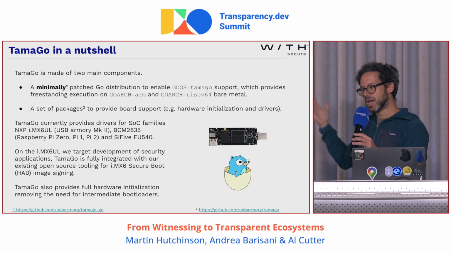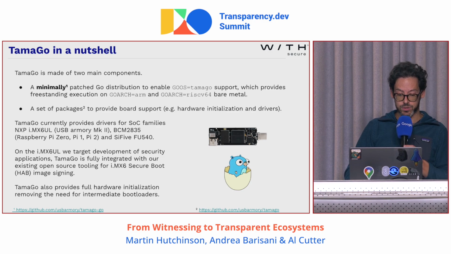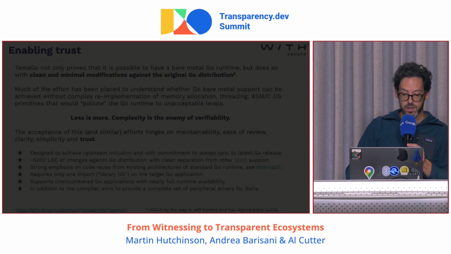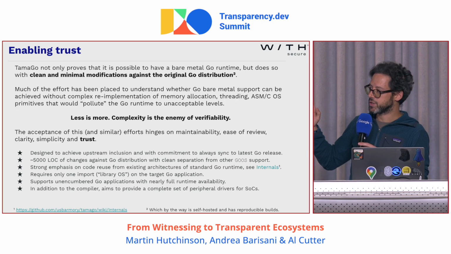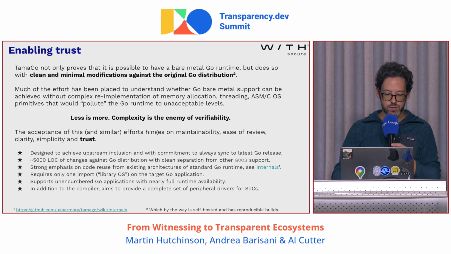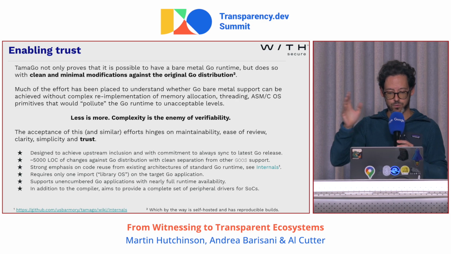Everything else is implemented as a regular Go package that you can import. Again, 5,000 lines of code. The patch is readable. It's easy to follow. If you're interested in this, in the next days I can also go through all the modifications.